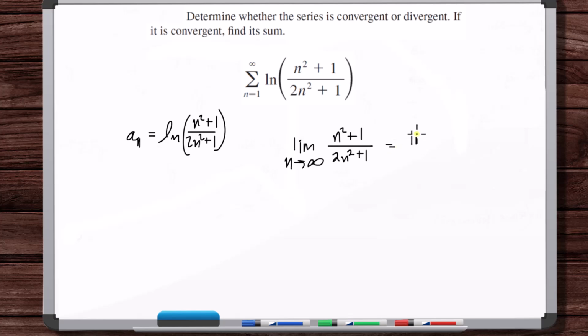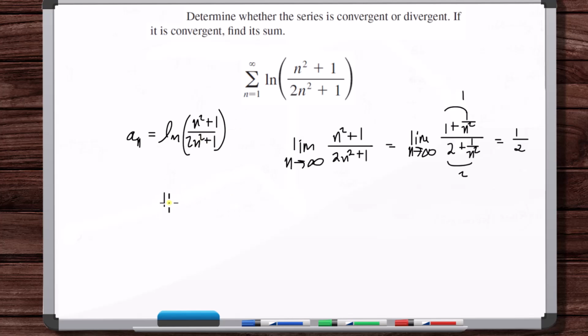This is equal to, all right, so divide the numerator and denominator by n squared. Then as n goes to infinity, this goes to 1, this goes to 2. And that means the limit of this sequence is the natural log of this, since this function is continuous at what this converges to.